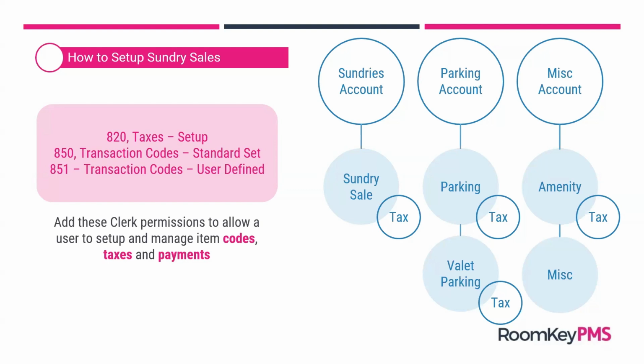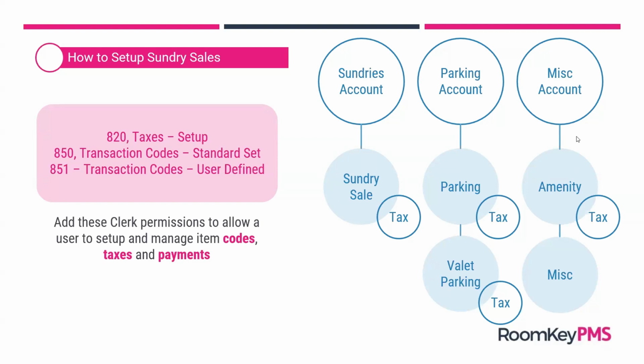So for example, if you're offering both self parking in a parkade as well as valet parking within your hotel, you might have two transaction codes to record those two types of parking services, and that revenue would go to a parking account or GL account there. And again, you can associate taxes with those transaction codes as well.